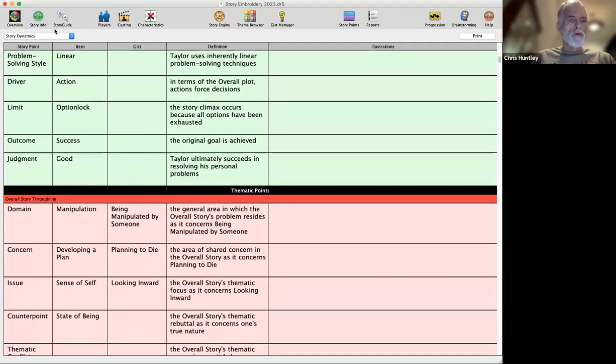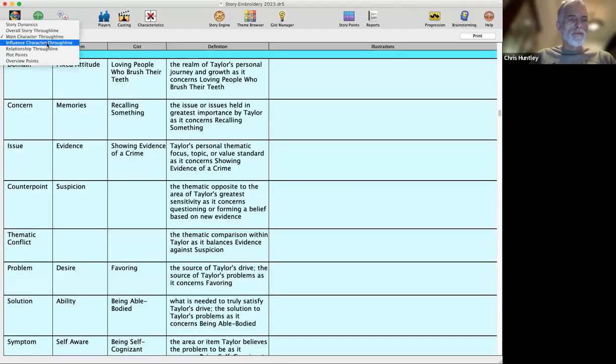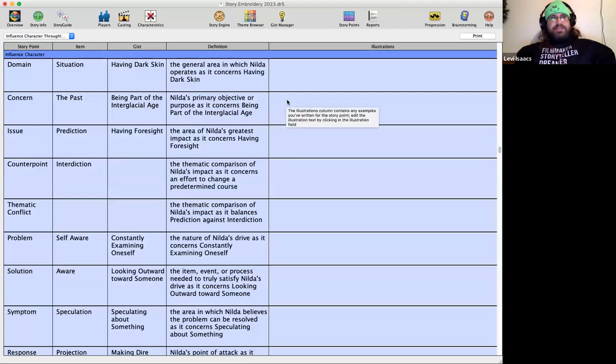That would be for the same character, Nila, the influence character. Oh, the influence character. Okay. All right. So the concern of the past being part of the interglacial age. You mean, what does interglacial mean? I wasn't really sure what that means. Does that mean that they're from the past? Does that mean that they're from the future?